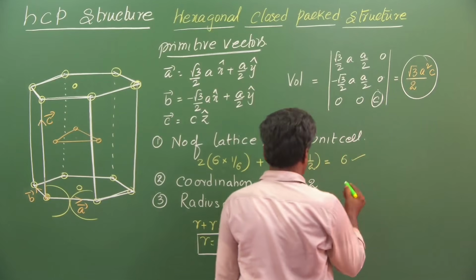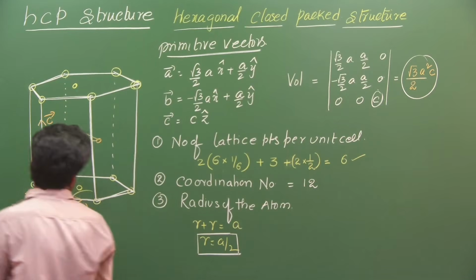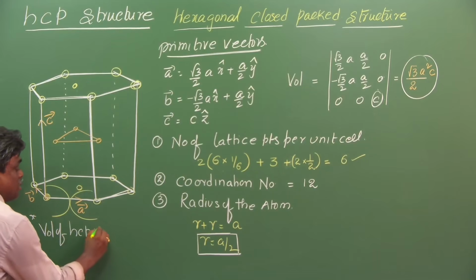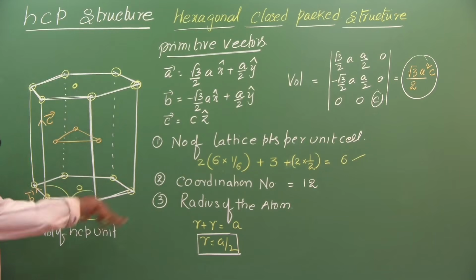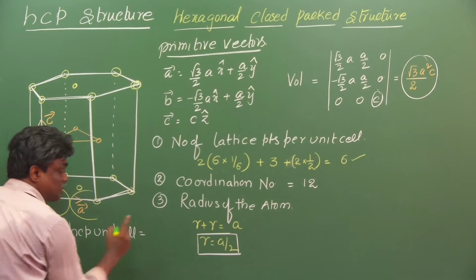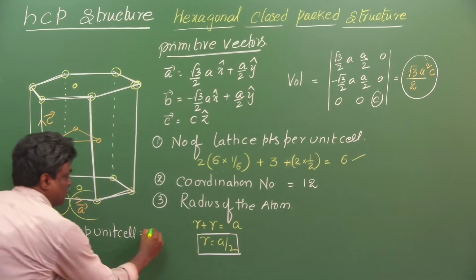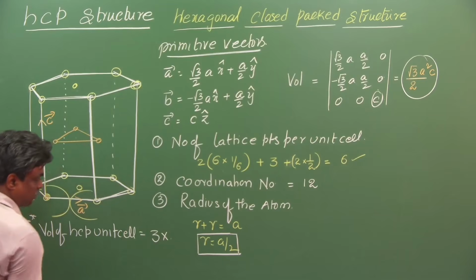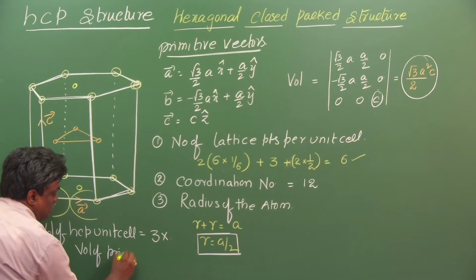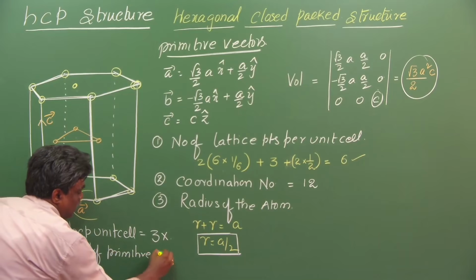Listen, there is a small point here. All of you please listen. Volume of unit cell is also a very important question. The volume of the HCP unit cell, the total unit cell, equals 3 times the volume of the primitive cell.